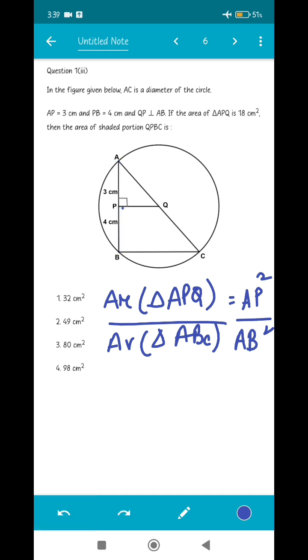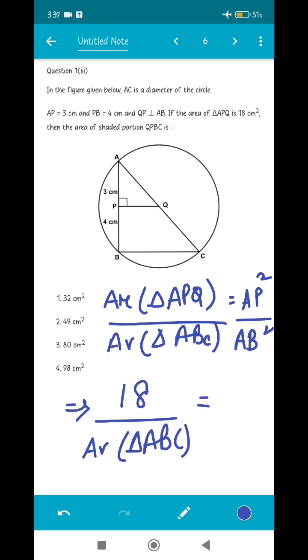You have to consider the corresponding sides of the triangles. Alright, so let's find out the answer. We have the area of APQ, so let's put it: 18 divided by the area of triangle ABC. AP is given as 3 cm and AB is given as 4 plus 3, that is 7. So 3 square by 7 square.